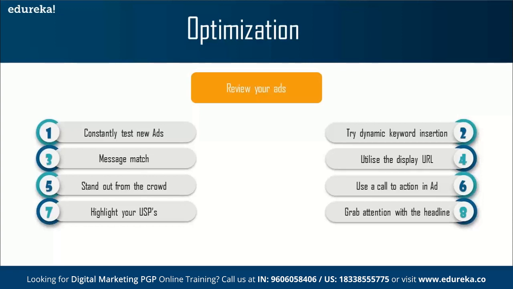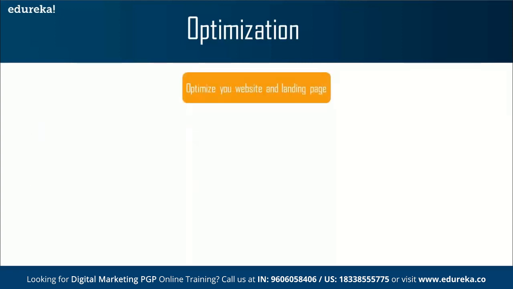You have to do that by continuous experimenting and continuous A/B testing. Highlight your USPs. Again, explained it before. Grab attention with an amazing headline. Headlines are generally boldened, so you need to write an amazing headline. The practice which I generally follow is I try to include the keyword in the headline. I would also recommend you to do that.